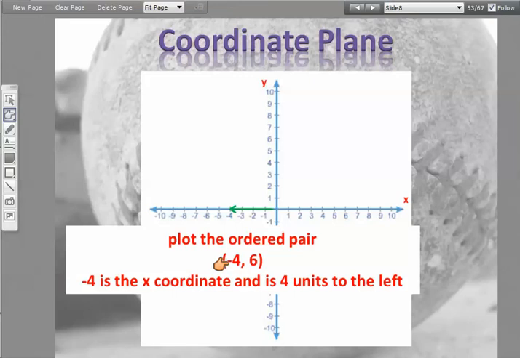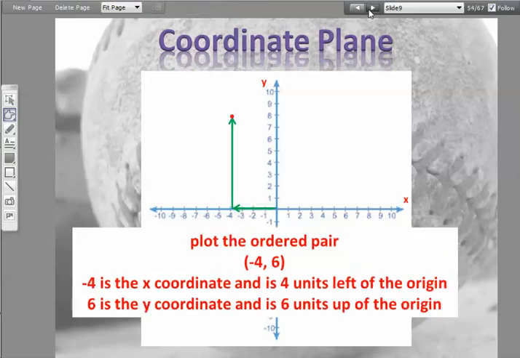Anytime you're working with a negative x, you'll always be going to the left. If I was working with a negative y, I would be going down. Okay? And you can see here I tried to put this green arrow showing that I was going 4 units to the left. Then I'm going to take 6 and I'm going to go 6 units up.